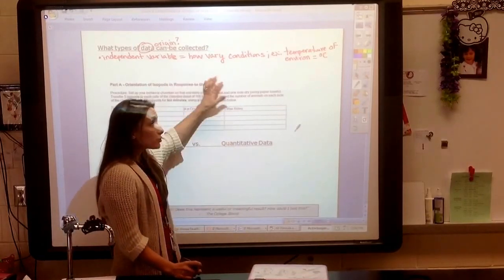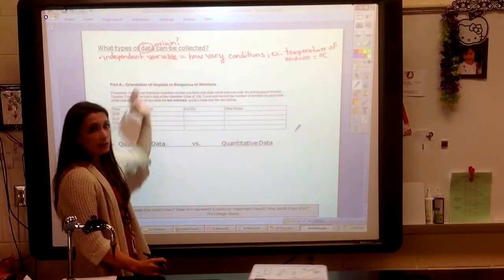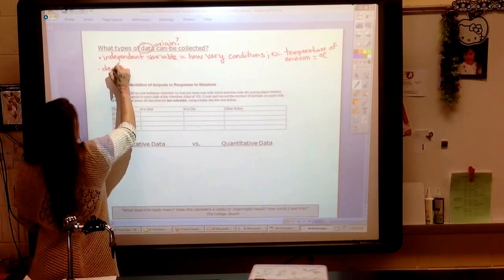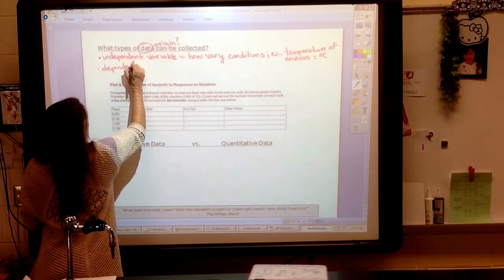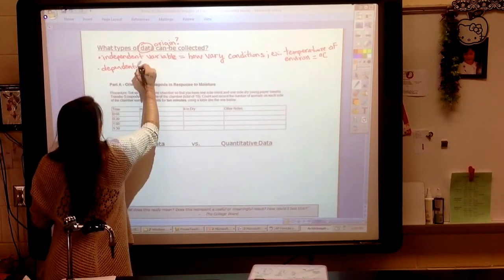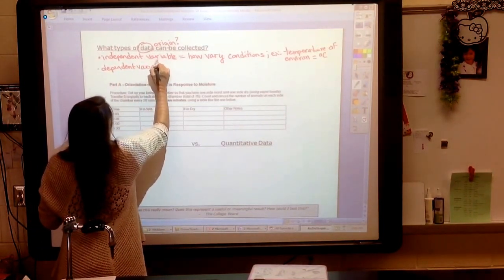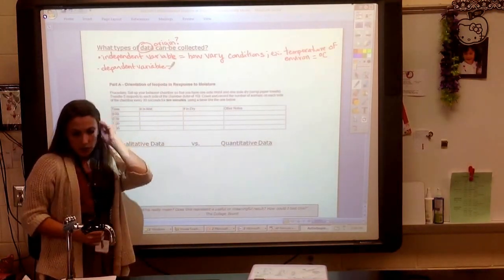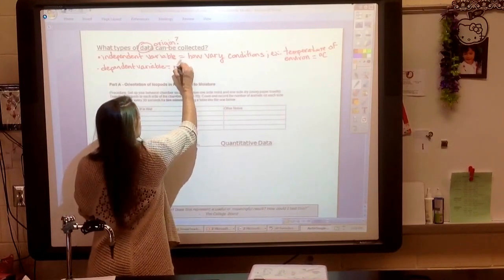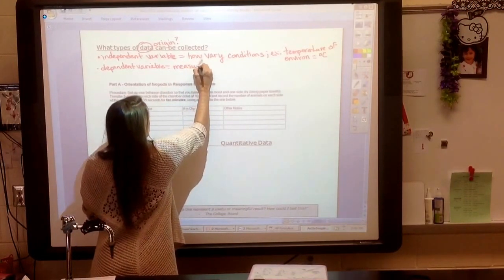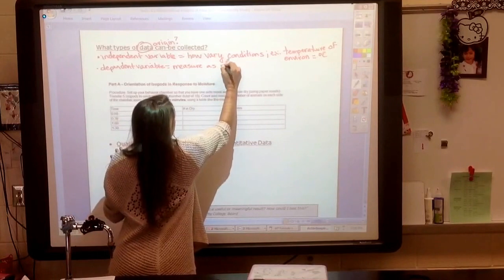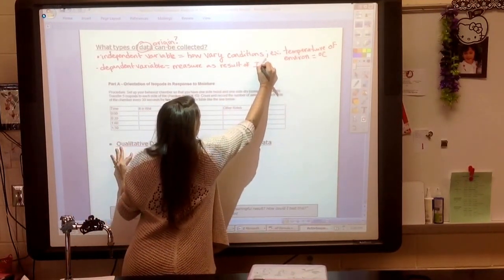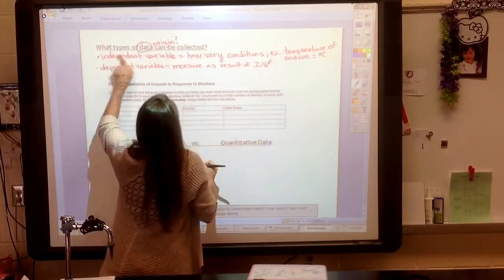But what we're more interested in is what is the result of changing this condition. So the dependent variable is what we measure as a result of the independent variable, IV.